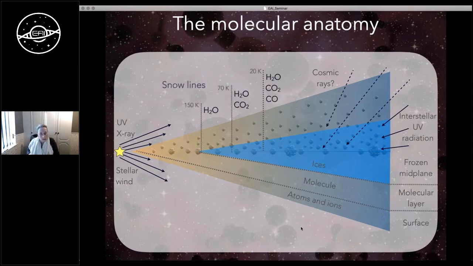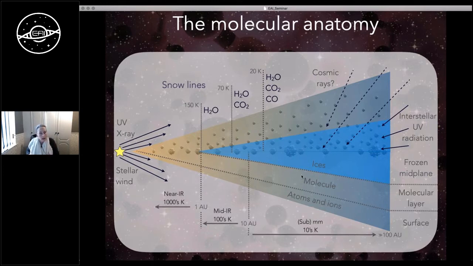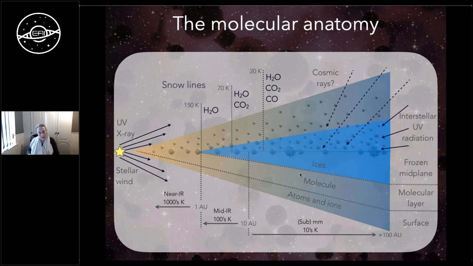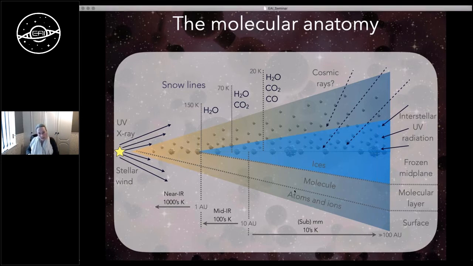So here I've already explained the concept of the snow lines, but again, if we point a telescope at a protoplanetary disk, and in particular from infrared to millimeter wavelengths, then what we're really probing is this molecular layer. So molecular emission coming from this molecular layer. And this has really been exploited very well by previous and existing instruments.